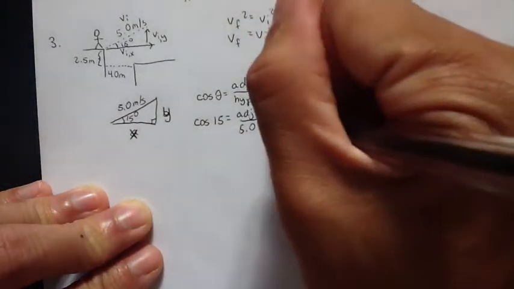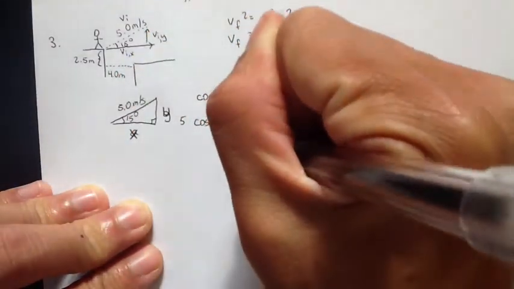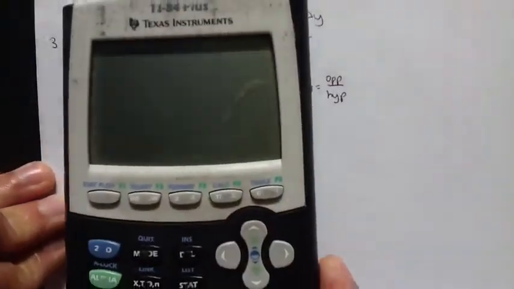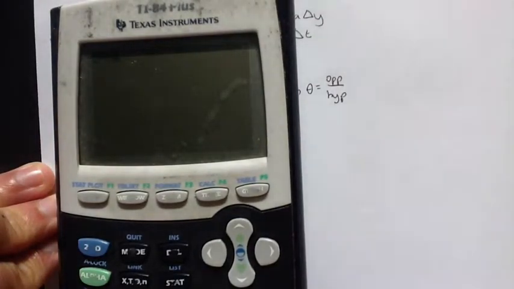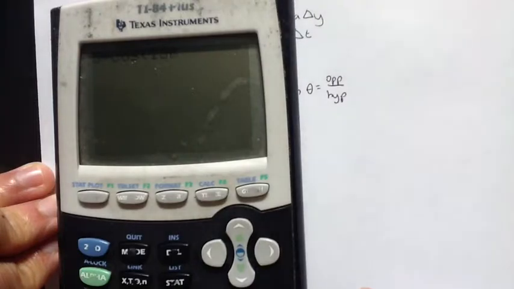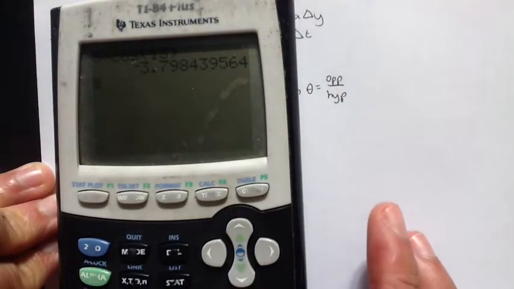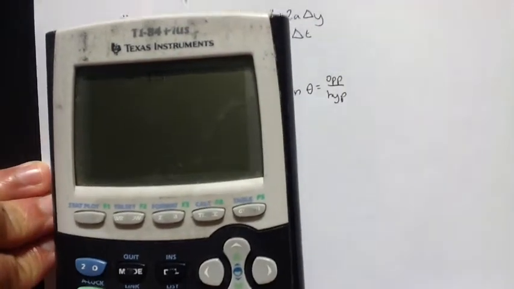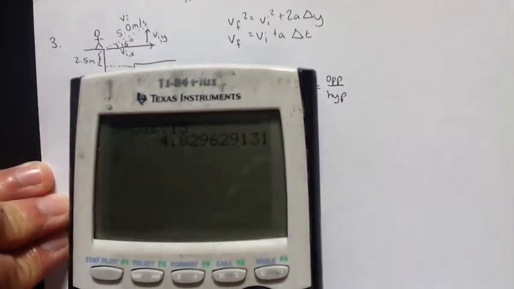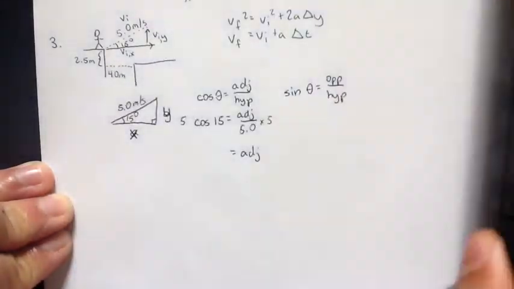So I'm going to multiply both sides by 5, so that my adjacent is now 5 times cosine of 15, which is 4.83.